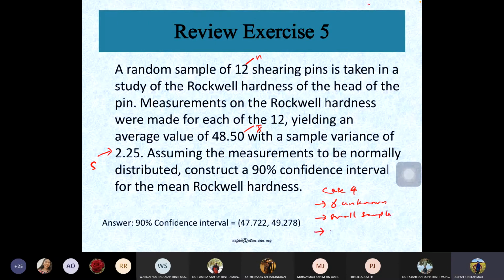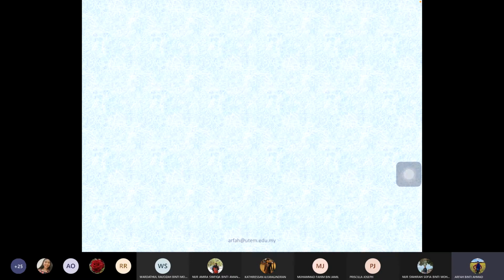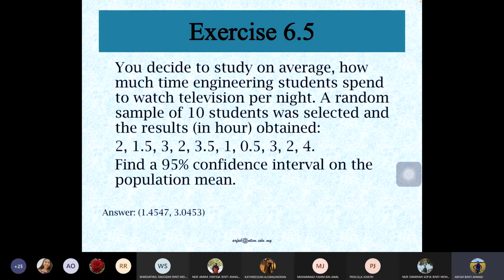So kita akan make use of t distribution. So dia akan guna formula x bar plus minus t alpha over 2, n minus 1, s over sqrt of n.